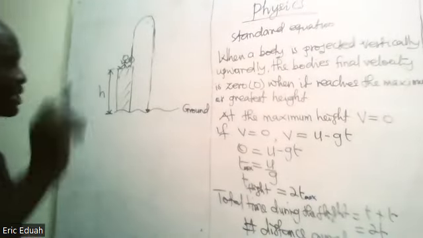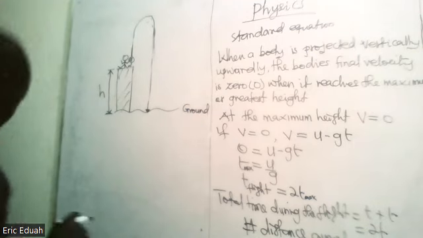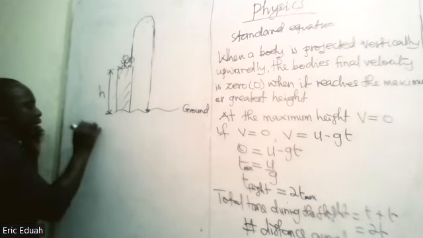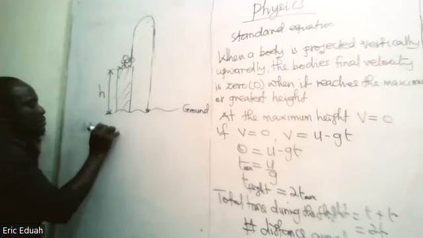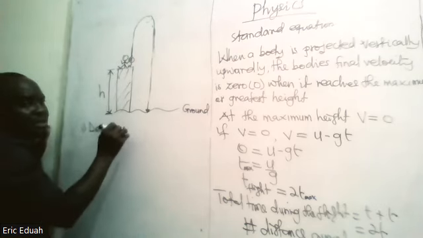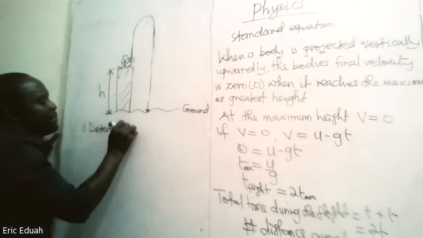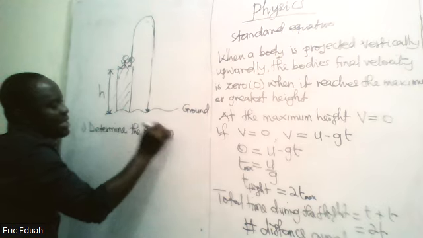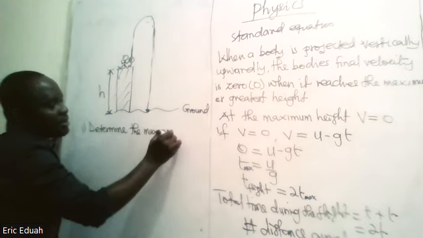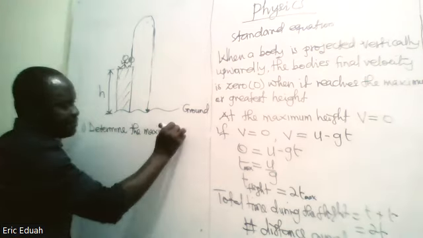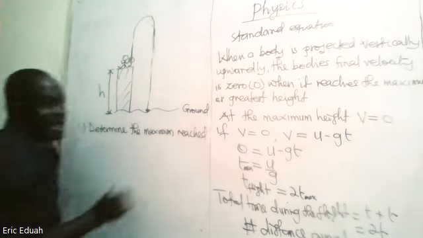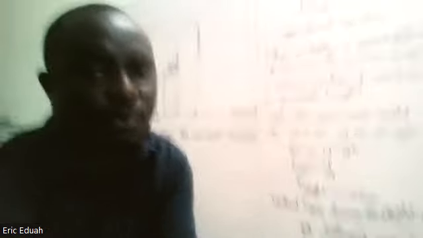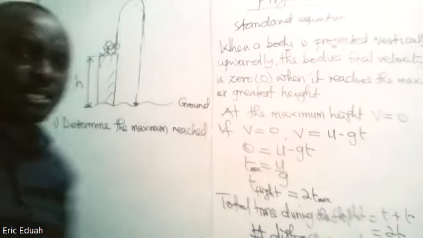Okay. Now, possible questions. One, you can be asked to determine the maximum distance or the greatest distance reached. That's the first consideration. Let me adjust the screen to where I'm writing so we can see clearly.